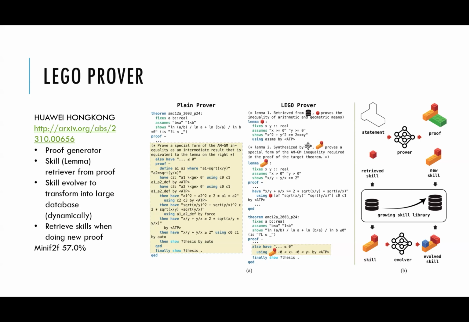So when it proves more and more theorems, the model gets very high quality information about this benchmark, so it gets a very high score. So why is it called Lego Prover? Because it can split and reconstruct the proof.